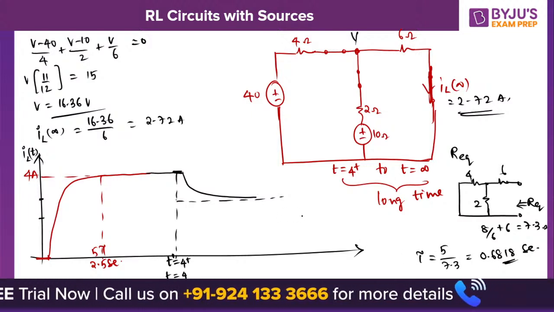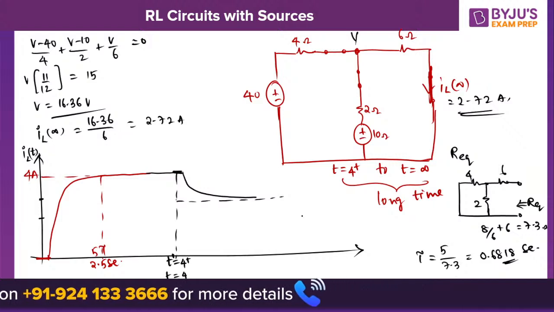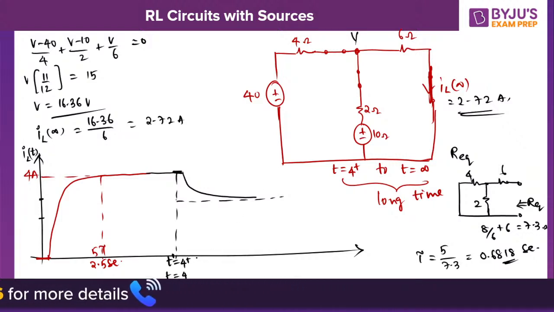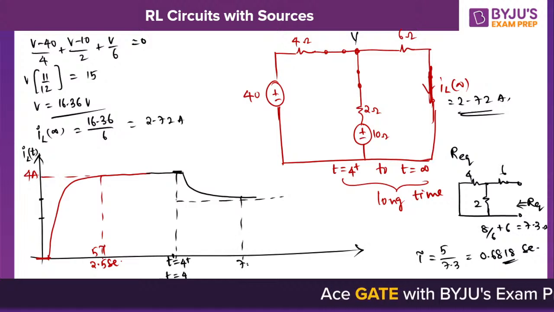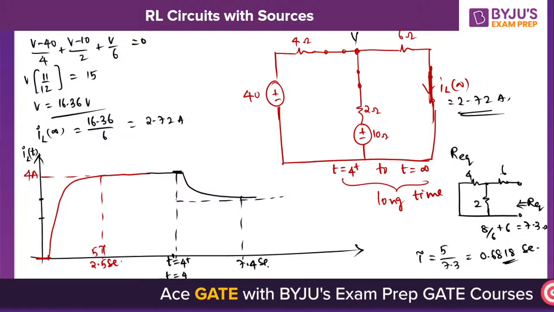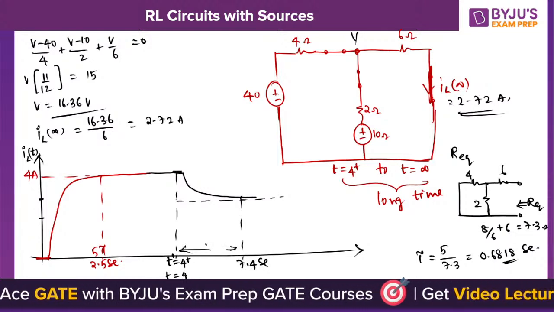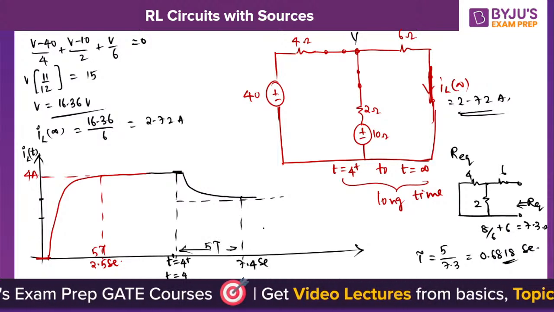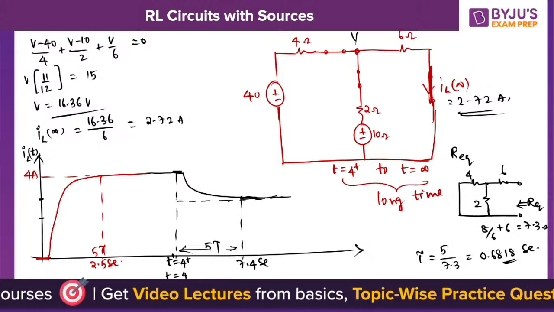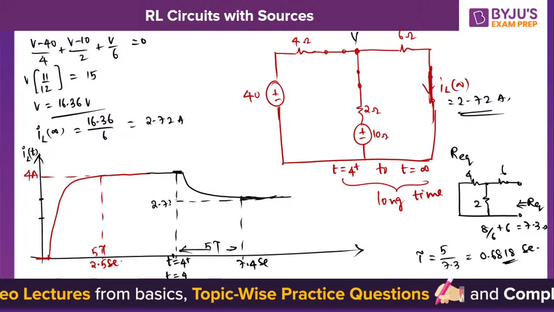So 5 time constants means times 5, you will get 3.4 seconds. From the 4th second plus 3.4 seconds means 7.4 seconds. So by 7.4 seconds we will reach. From here to here is 5 time constants, so it will reach 2.72 amperes.